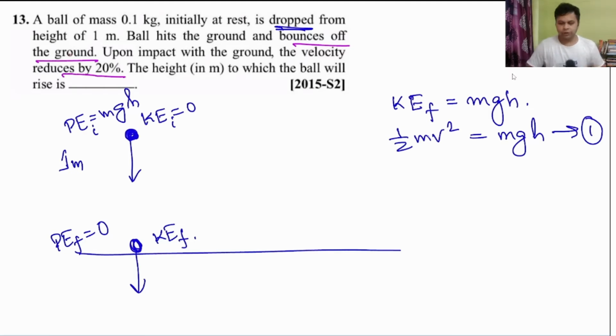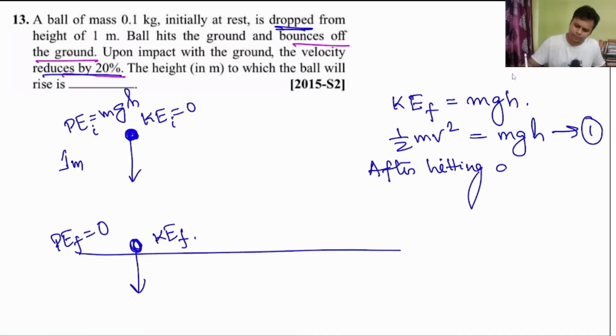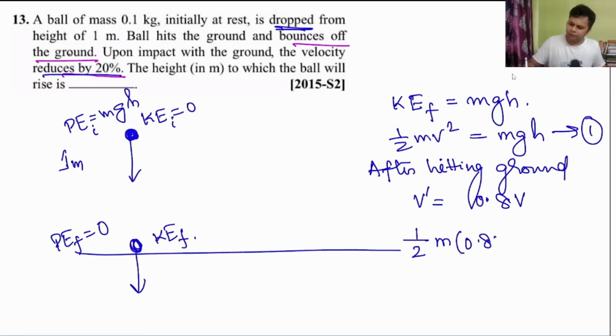Now after the ball strikes the ground, it is given that the velocity reduces by 20%. So the new velocity v dash is equal to 0.8 v. So the kinetic energy will change into half m (0.8 v) whole square.